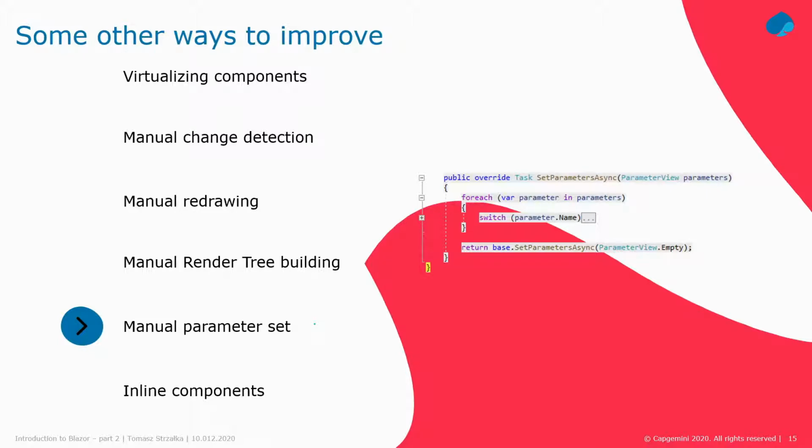And we know that reflection is not very cheap, so we can avoid that by not calling SetParametersAsync with the parameters object. What we are going to do instead is pass the ParameterView.Empty static object with no parameters to be assigned, and we'll just assign each of those parameters manually, so we can use either a switch or whatever expression we would like to use.